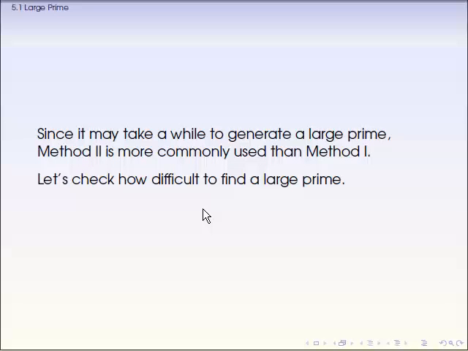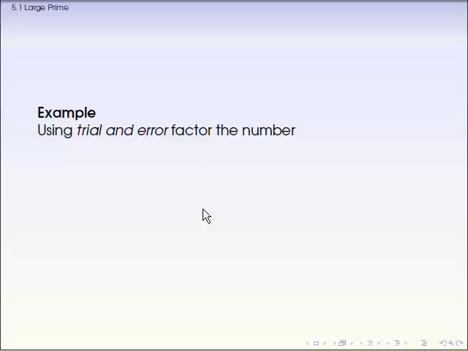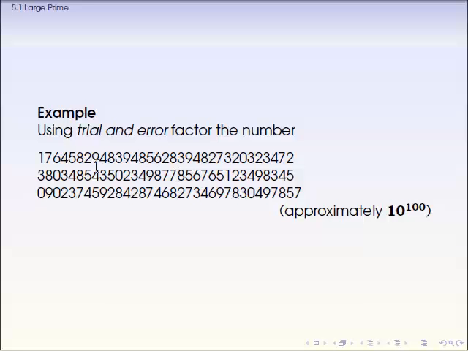Okay, so for this part, let's check how difficult it is to find a large prime number. If it's a trial and error method, then you can see how long it's going to take. For example, this is a 100 digit number. We don't know whether this is prime or not.